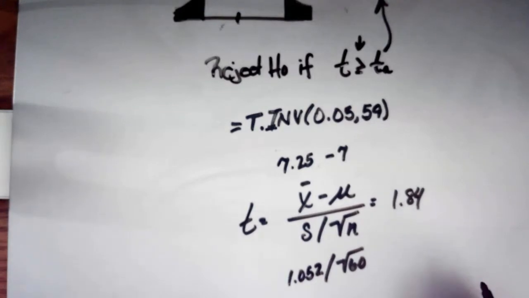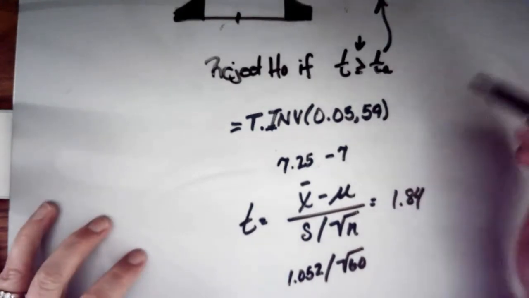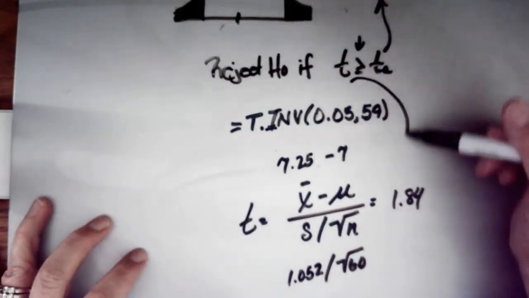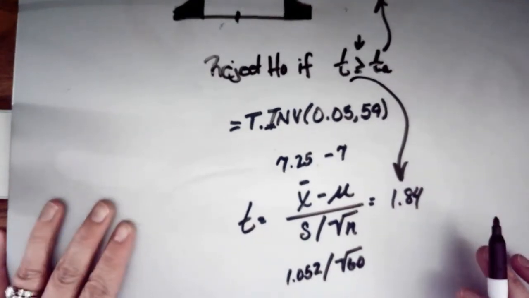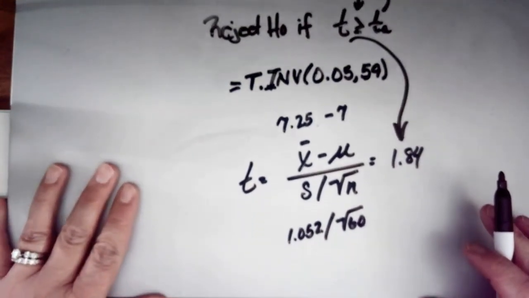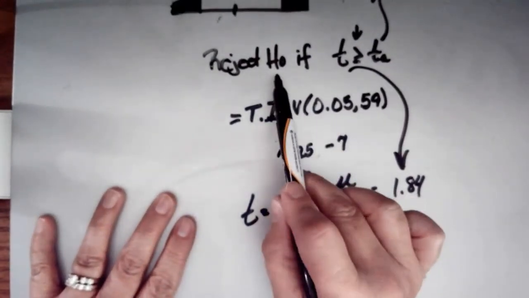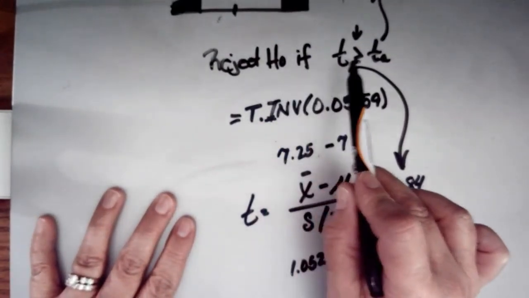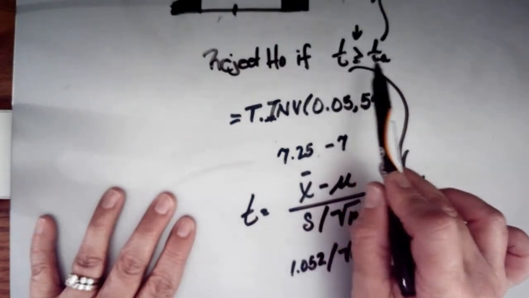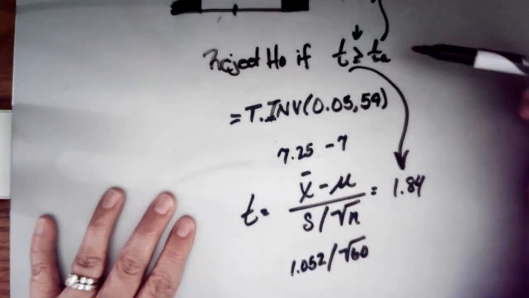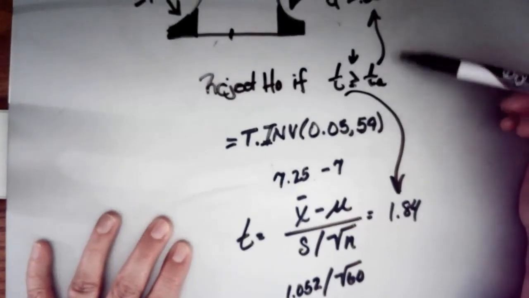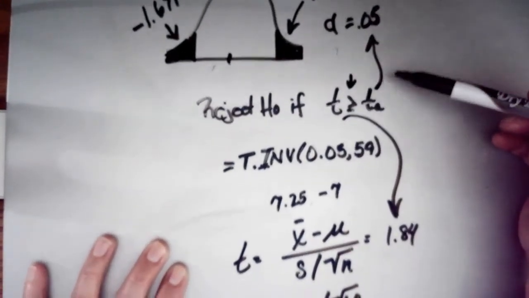So what do we do with this information? We know that our t-value for our test is 1.84. And we know that we're going to reject our null hypothesis if our t-value is greater than or equal to our critical value, which is 1.671.